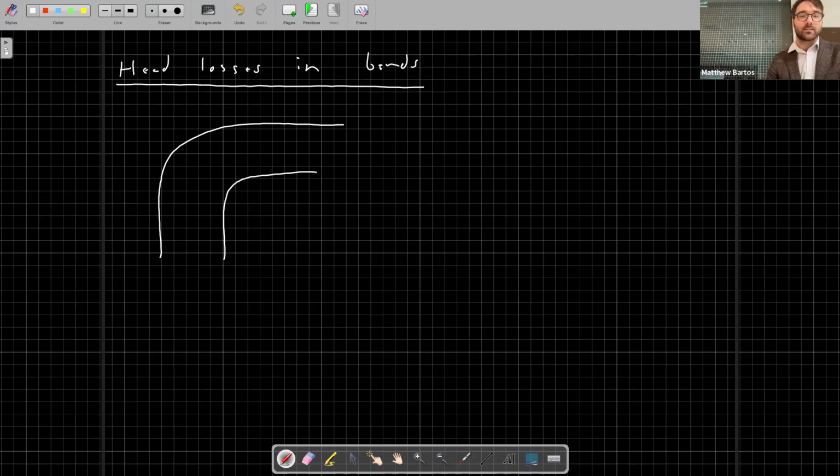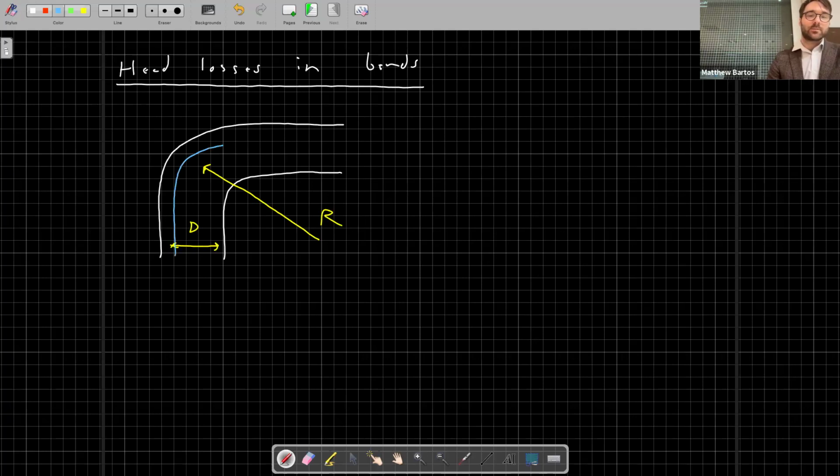Something that looks like this. You'll have some diameter associated with the pipe. And then you'll have some radius associated with this bend.